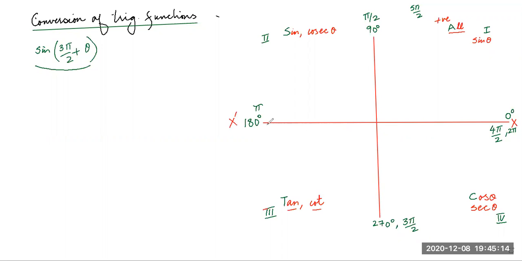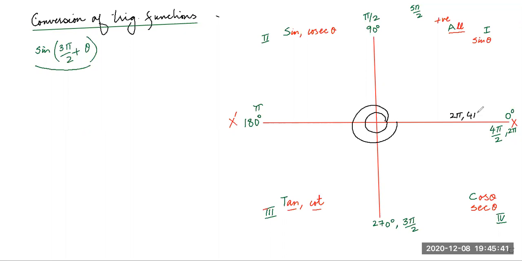Now please tell me what are the angles on the x-axis? Here it will be 0 degree, or it can be 2 pi. Suppose I take one complete round, 2 pi. Then when I reach here again, when I take one more 2 pi, which will be the angle?